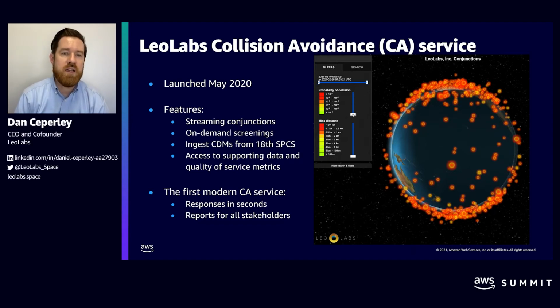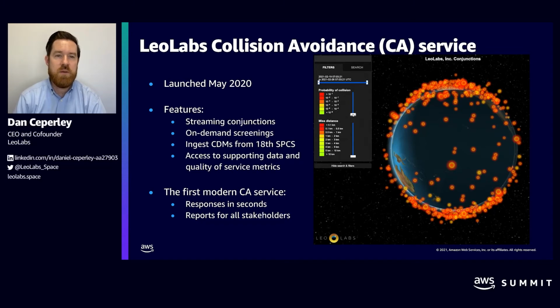So if you're going to move your satellite, you want to make sure you're not moving into a different collision. And we've got the ability to, within seconds, screen a satellite against the entire catalog and get answers back to the satellite operator. And that's something that AWS and the cloud platform has been critical for, making the response and the search capability move very quickly.